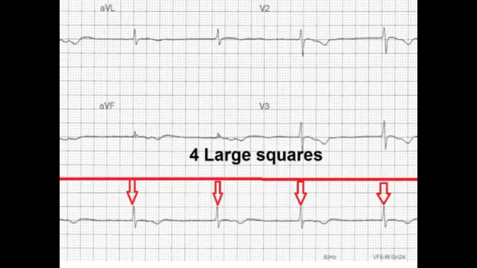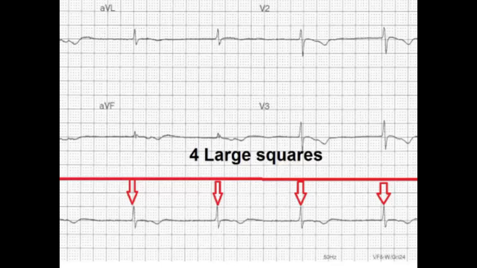Here, if you see, this is regular. Here there are 4 large squares between two QRS complexes: 1, 2, 3, 4.